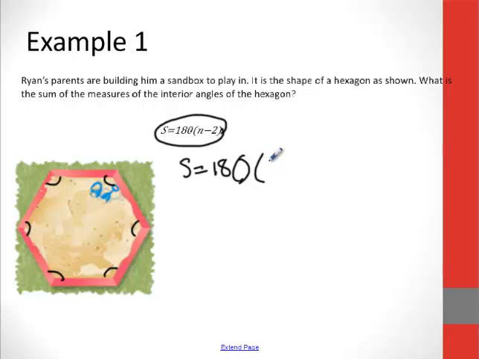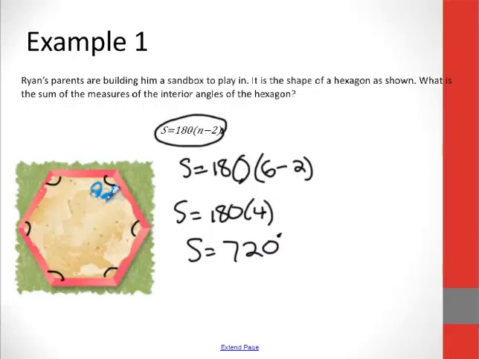Well, how many sides are there? There's 6 sides, minus 2. 180 times 4, and 180 times 4 gets you 720 degrees. So all of the angles here together add up to 720 degrees.